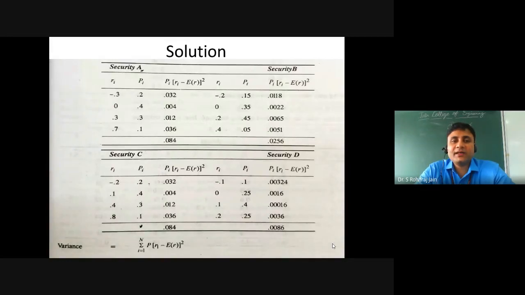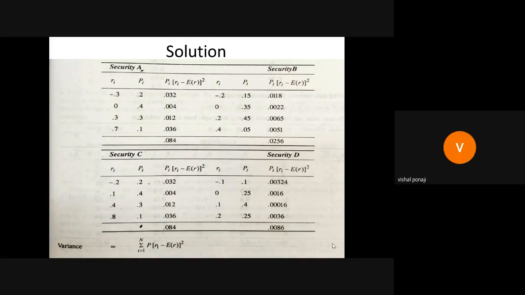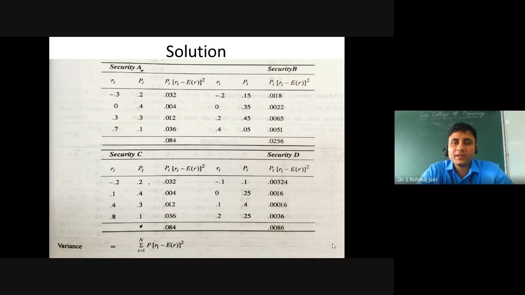Similarly, I'll be finding out for each return and probability the variance of security A. I get the value to be 0.084, right? Then if I do the standard deviation of security A, I get the value 0.2898. Now, similarly, I'll solve for security B in the same way.